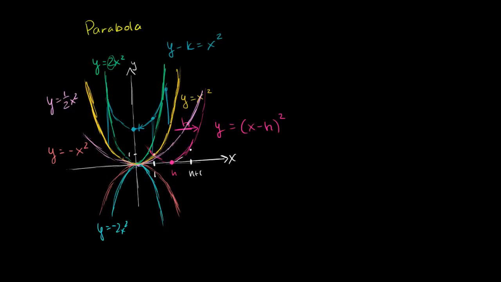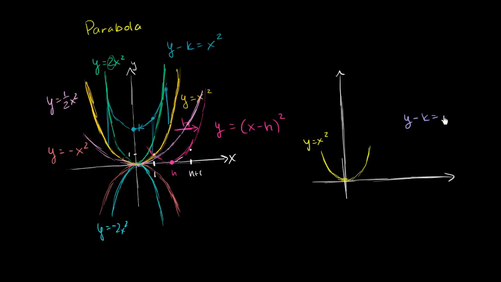So for example, I'm doing a very rough drawing here to give you the general idea of what we're talking about. If this is y equals x squared, that's the graph of y equals x squared. The graph of y minus k is equal to a times x minus h squared will look something like this.